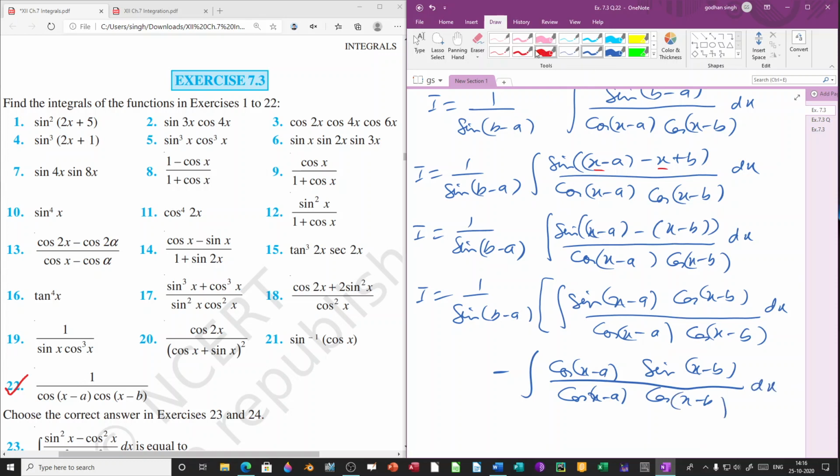Now let us see if any terms can cancel out. In the first part, cos x minus b and cos x minus b cancel out. In the second part, cos x minus a and cos x minus a cancel out.